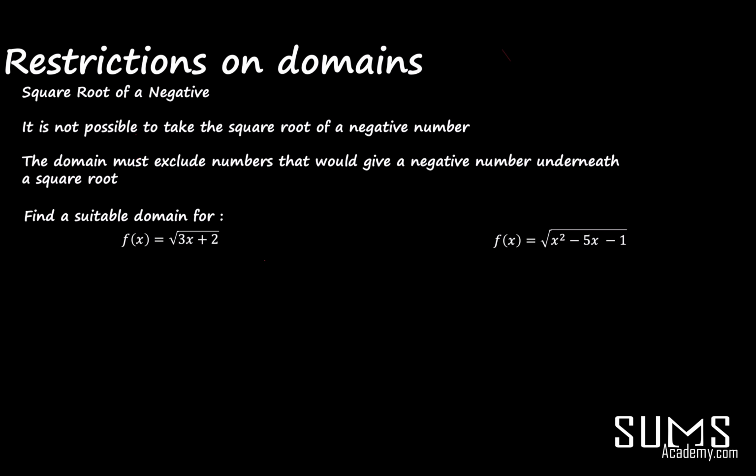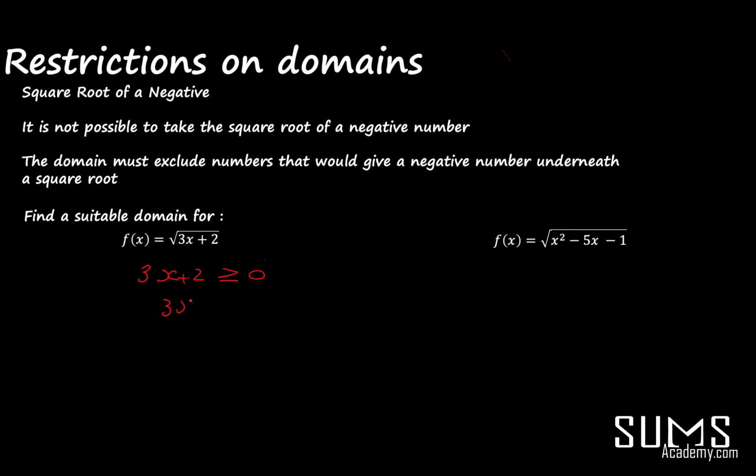We're going to do a similar thing to before, where instead of using cannot be equal to, we're going to use greater than. So here, 3x plus 2 has got to be greater than or equal to 0 for it to work.